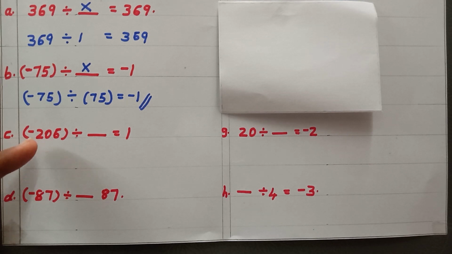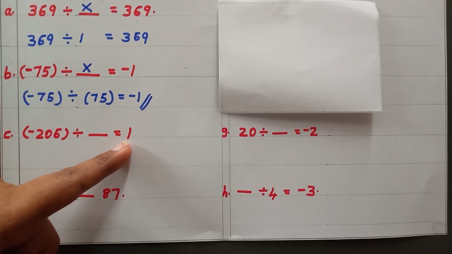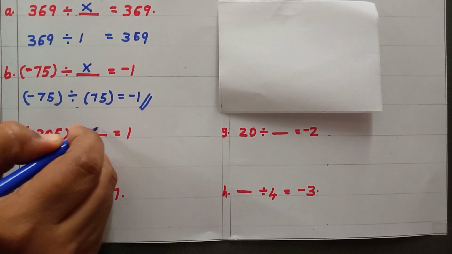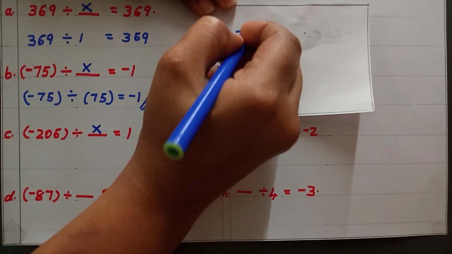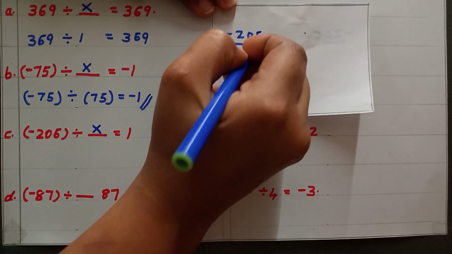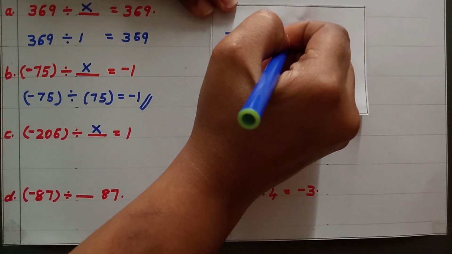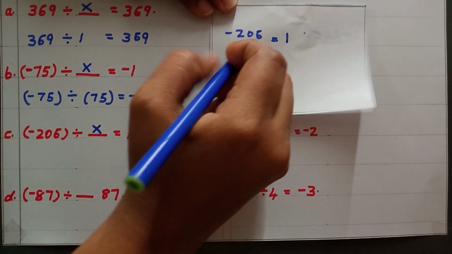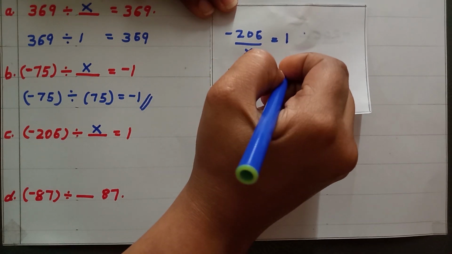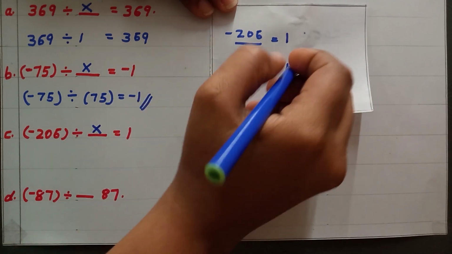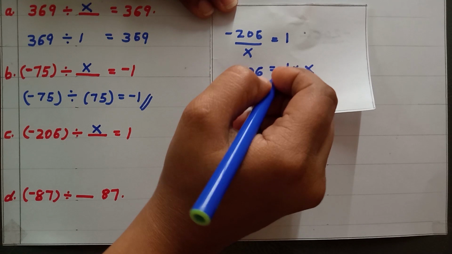Question number C. Minus 206 divided by dash equal to 1. Let the dash be x. Minus 206 divided by x equal to 1. Take this x to the other side. Minus 206 equal to 1, and this division will change into multiplication into x. 1 into x.